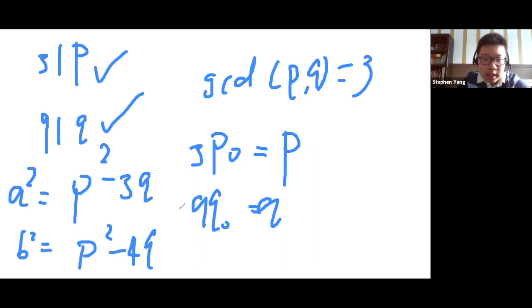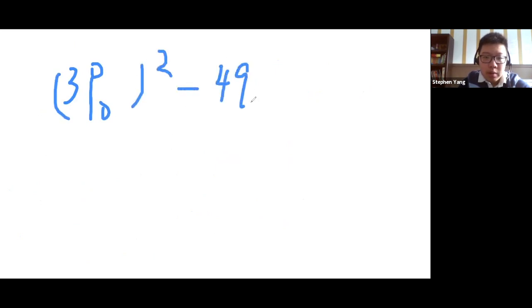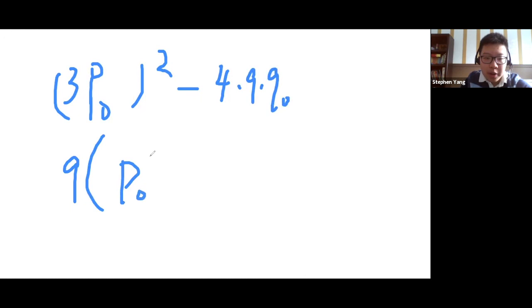And then looking at these two right here, it'll be 3p0 squared minus 4 times 9 times q0. Now when you expand this, you'll have 9p0 squared minus 36q0.